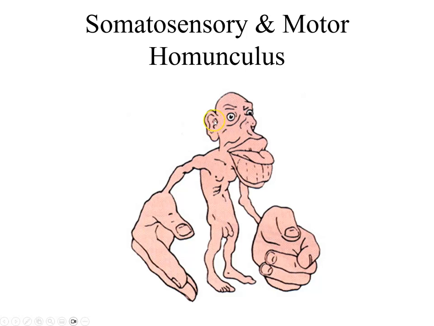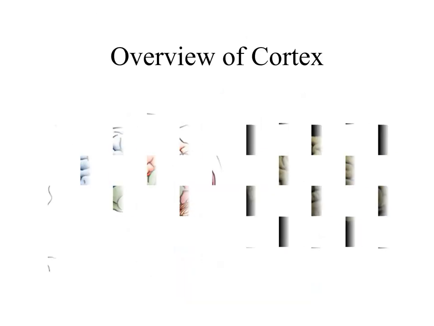I love the ears that are going on here. That's fabulous. We have some lips that are huge, and we have a tongue, which is ginormous. So you can see how the senses and the motor, if we would put them together, this is what a being would look like based upon the distribution of our motor and somatosensory cortex. Just kind of fun.